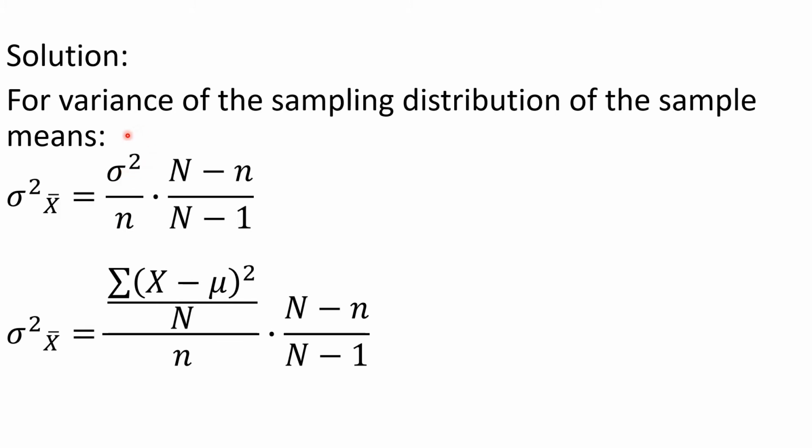Since we do not have the direct value for population variance in the problem, then we will substitute to this sigma squared its equivalent: summation of x minus mu squared over N, the population.